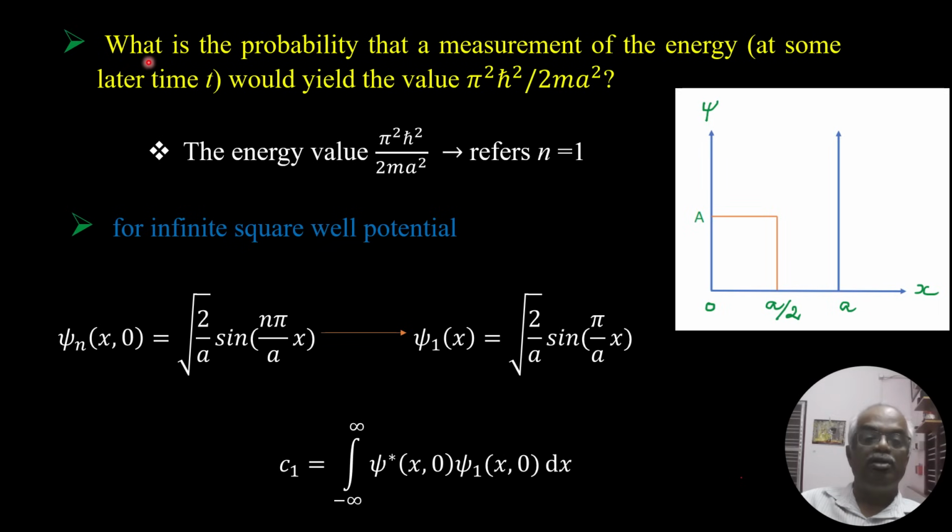And now we have to find the probability that a measurement of energy at some later time would yield the value pi squared h cross squared over 2ma squared.